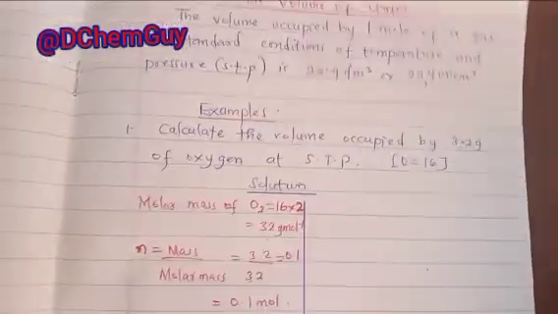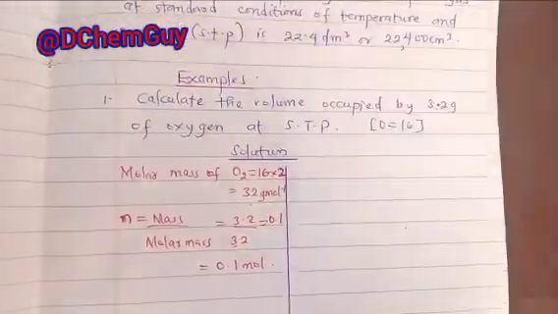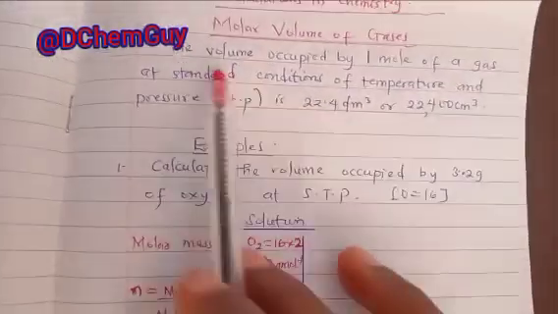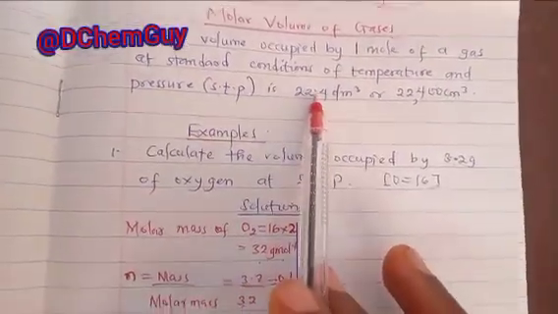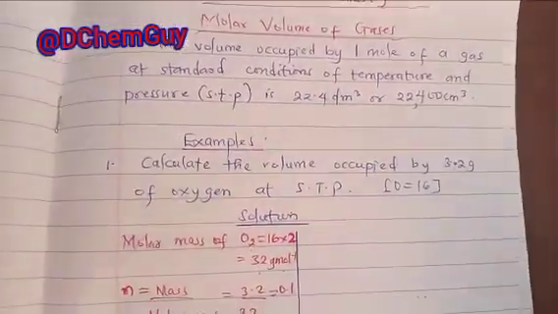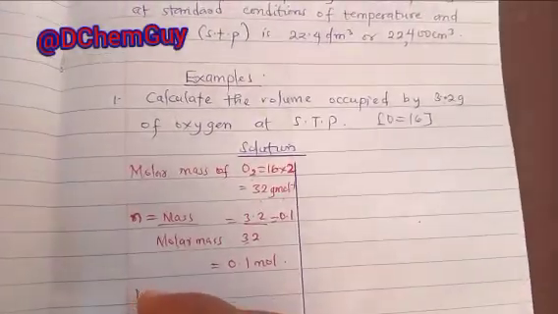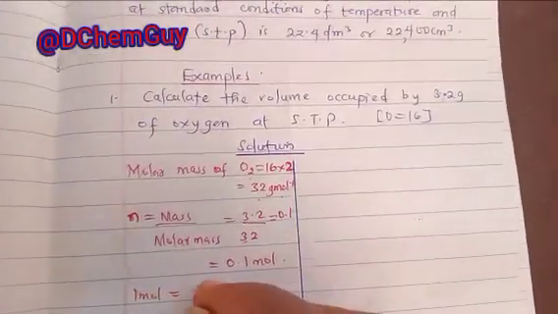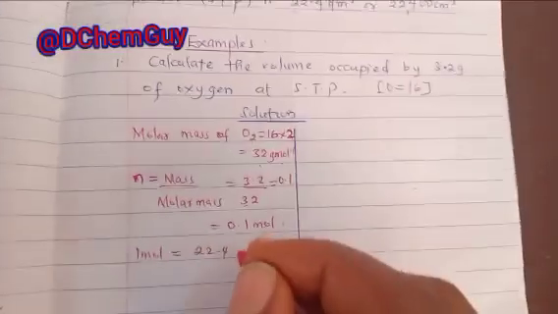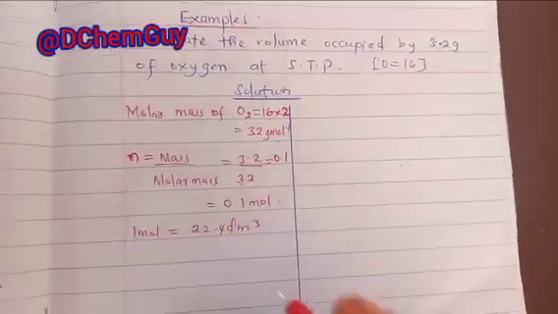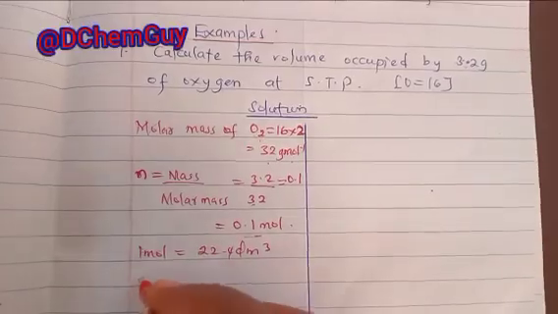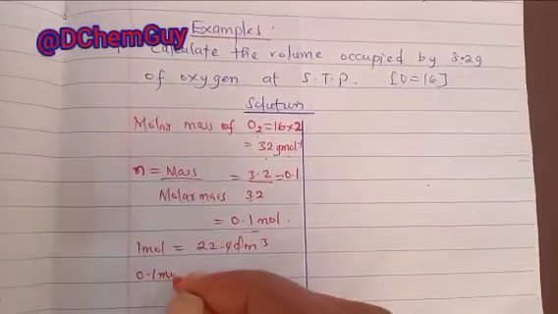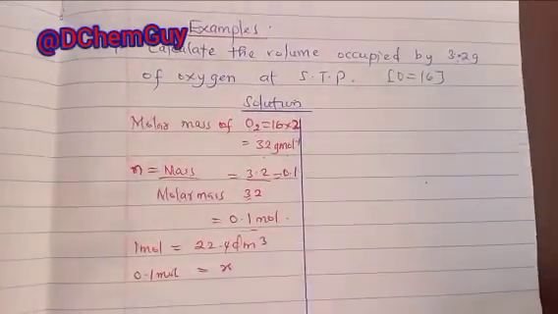Now, what are we doing next? This is where we apply the principle that one mole of any gas at STP occupies 22.4 dm³. So one mole equals 22.4 dm³. If you now have 0.1 mole, how much will it give you?